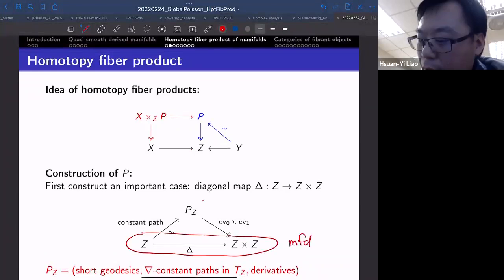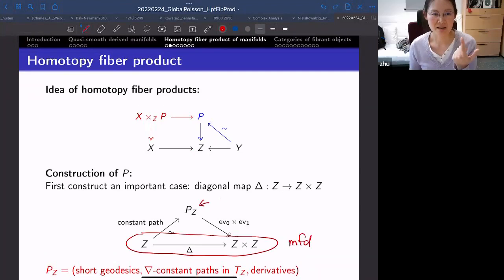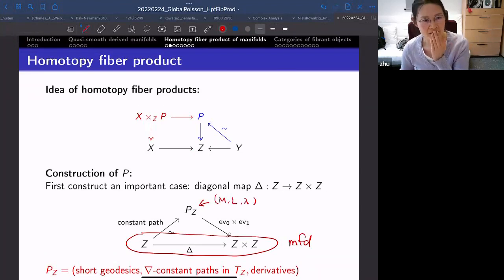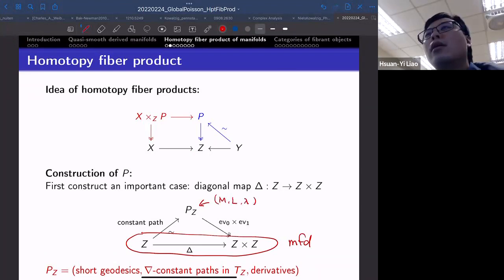When we factorize this, we need one more quasi-smooth object. So you always have to go one step higher. Yeah, that's what I mean.